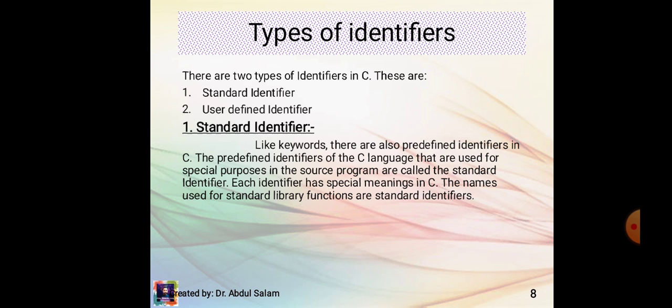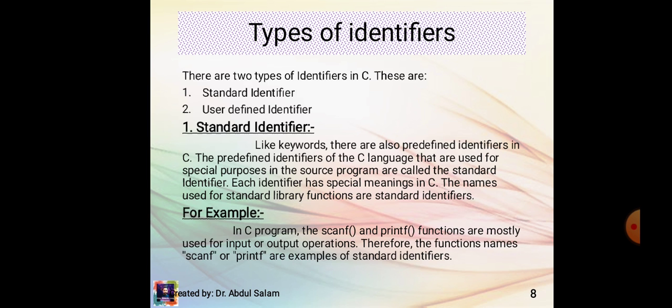Each identifier has special meaning in C. The names used for standard library functions are standard identifiers. For example, in C program, the scanf and printf functions are mostly used for input or output operations. Therefore, the function names scanf or printf are examples of standard identifiers.